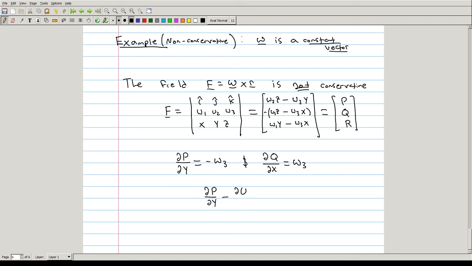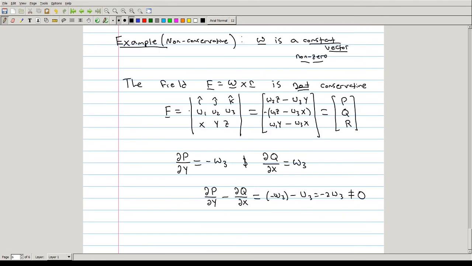So dP/dy minus dQ/dx is equal to negative omega 3 minus omega 3, or negative 2 times omega 3, which is non-zero. So a constant non-zero vector. So this is actually giving us exactly that this vector field is not a conservative vector field.